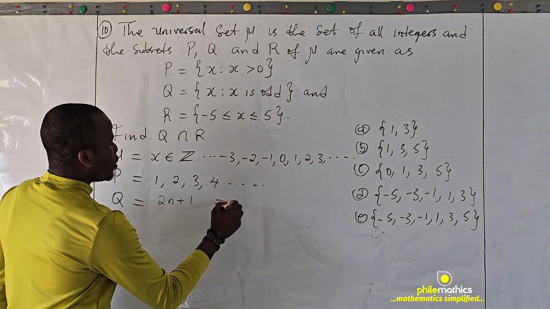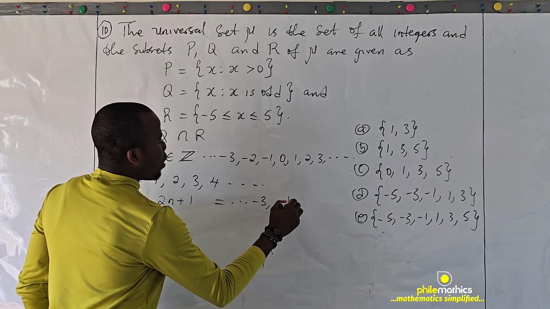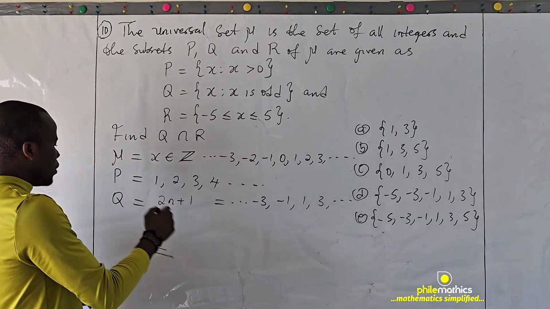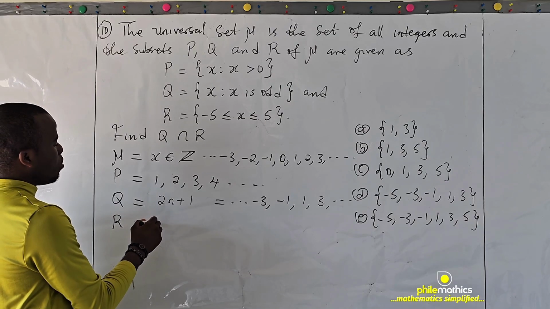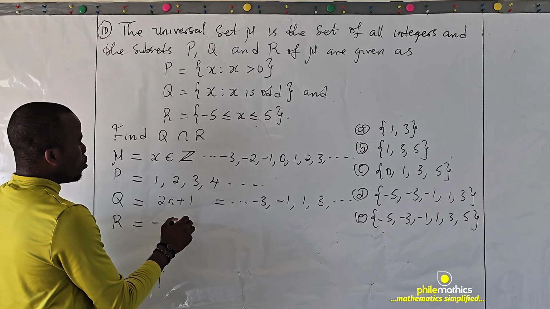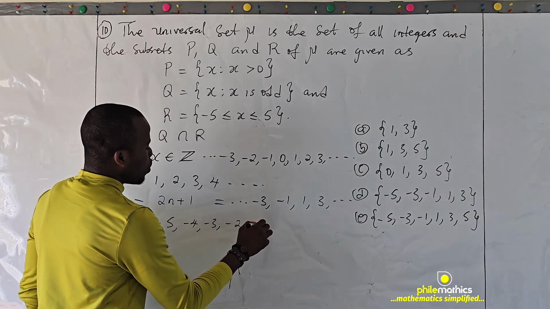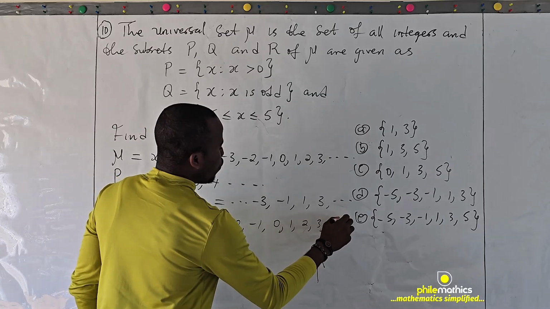So this is ..., -3, -1, 1, 3, and so on. And so R is -5, -4, -3, -2, -1, 0, 1, 2, 3, 4, 5.